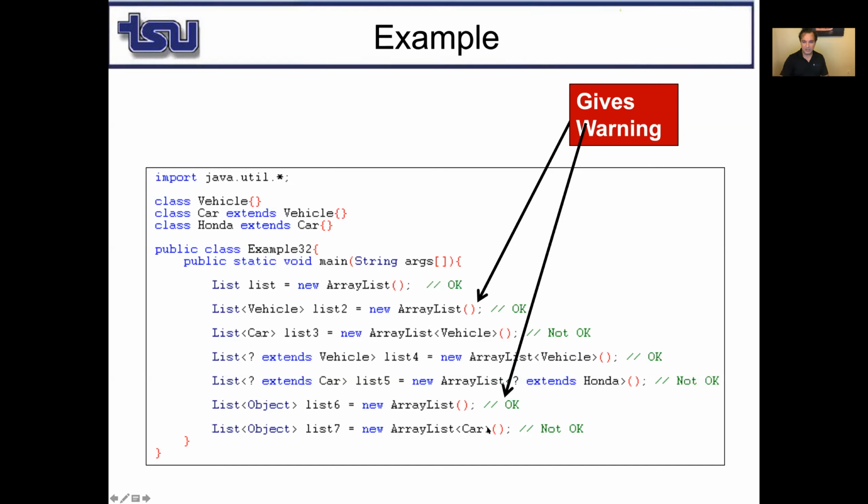So this is not okay. You cannot have wildcards like this. You cannot have wildcards on this side. You can have wildcards on the left side. It says vehicle or anything, a subclass of it. And you cannot have two different types there. And even though this is okay, it will give you a warning because you did not explicitly put what? The type on the other side.